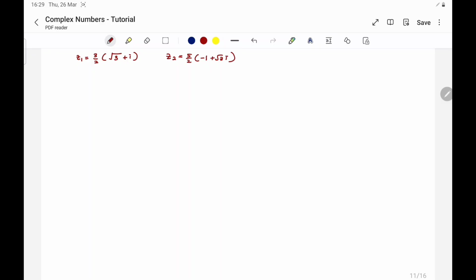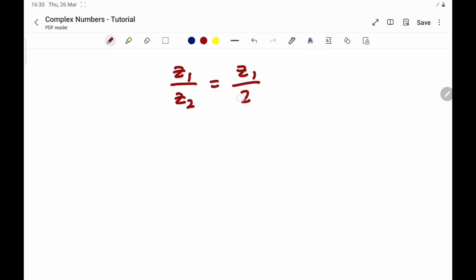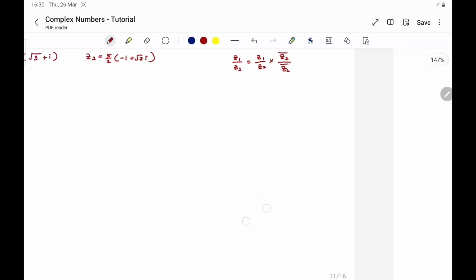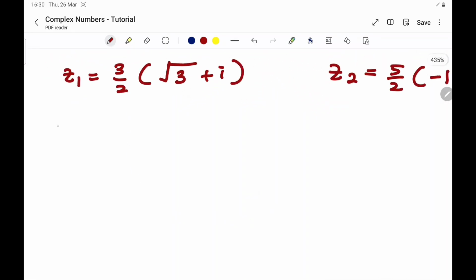For z1 divided by z2, there is a special formula: z1 divided by z2 multiplied with the conjugate of z2 divided by the conjugate of z2. Remember conjugate.